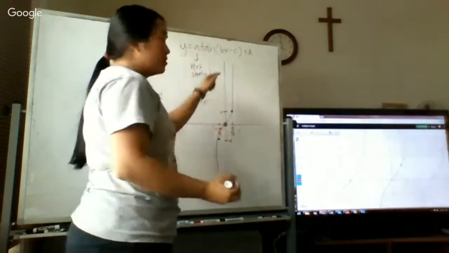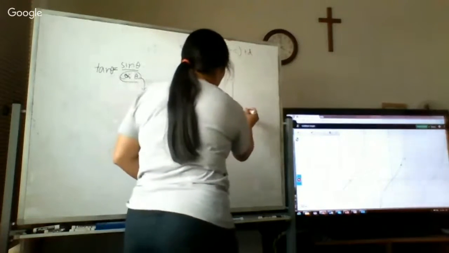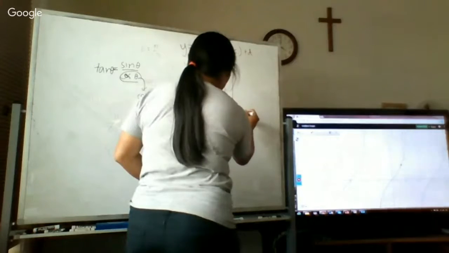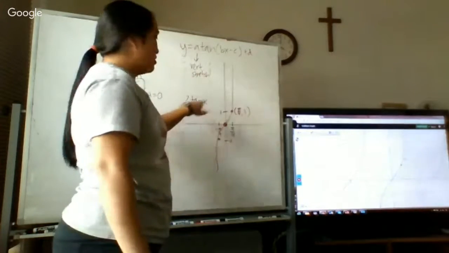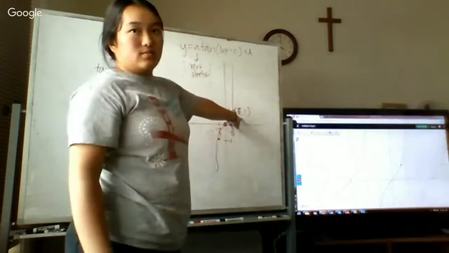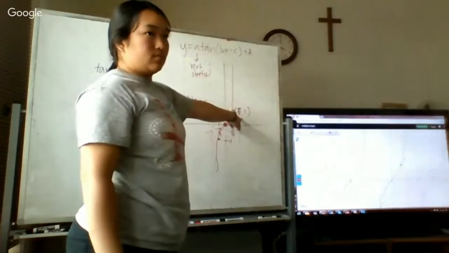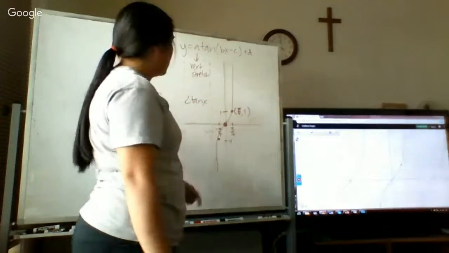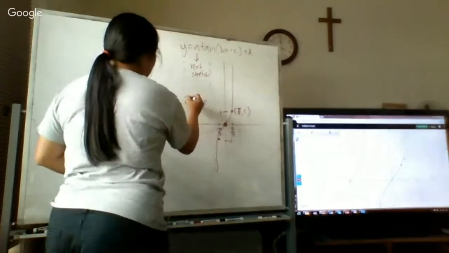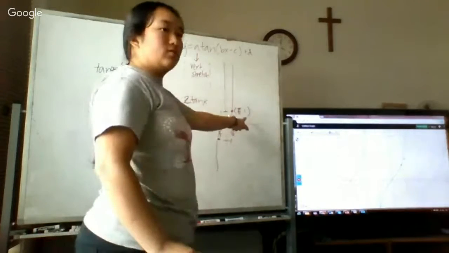Now, if you were to vertically stretch it, this point initially was pi over 4, 1. If you made it 2 times tangent of x, what would this point change to? We're doing a vertical stretch, so we're only dealing with the y value.